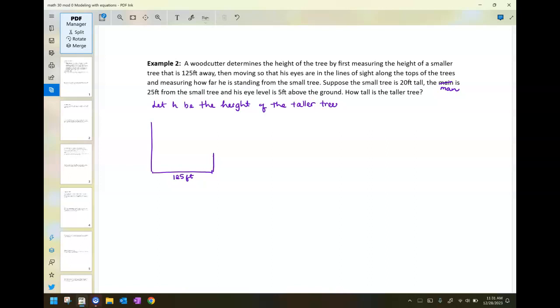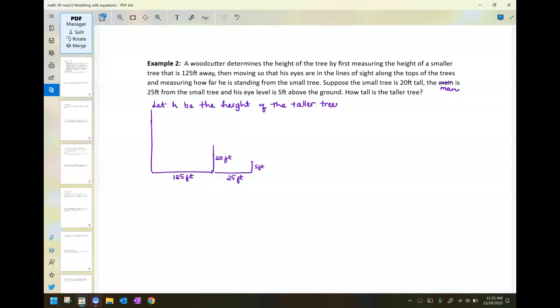Then he moves so that his eye is in line of sight along the top of the tree and measures how far he's standing from the small tree, and suppose the small tree is 20 feet tall. So the man is 20 feet from the tree, 25 feet from the smaller tree. Say this man, and his line of sight is 5 feet above the ground.